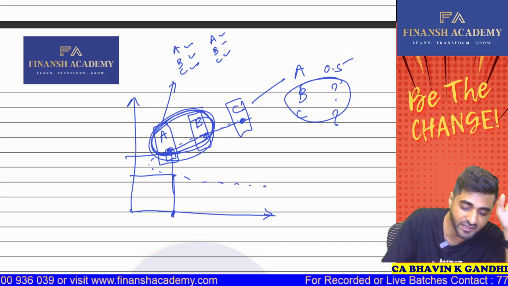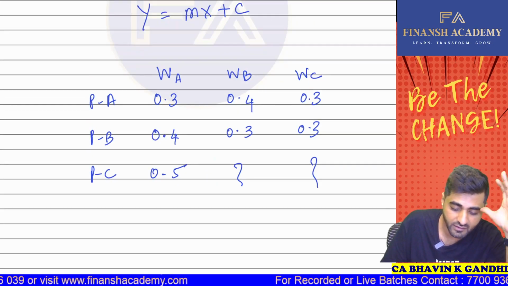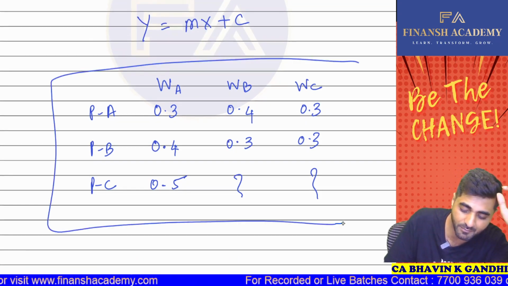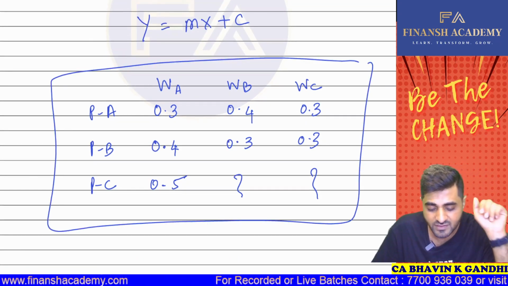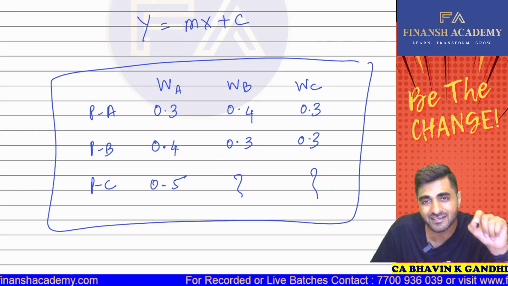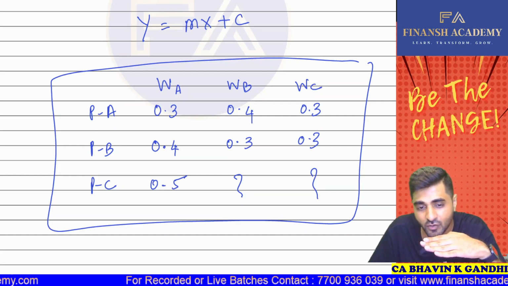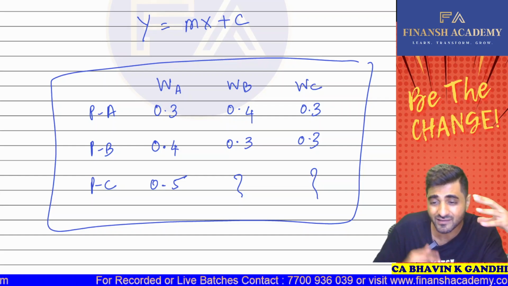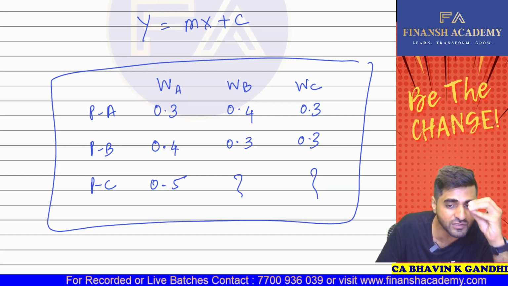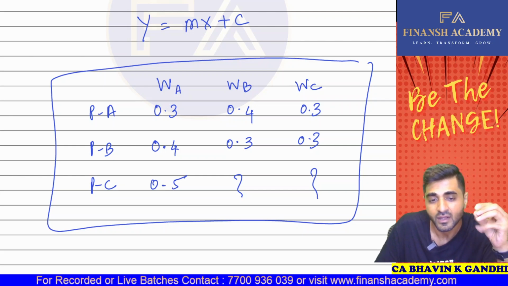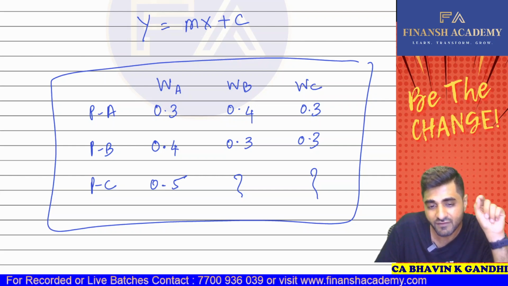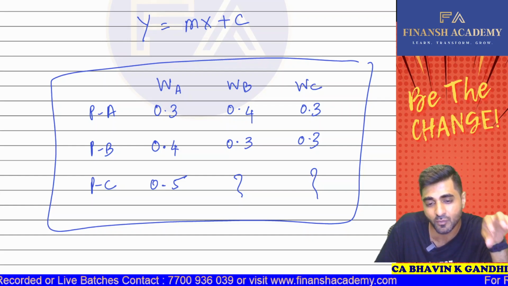So if you check here, I've just created one random example. Can you see portfolio A, with weights of A, B, and C being 0.3, 0.4, 0.3. Portfolio B has three securities with 0.4, 0.3, and 0.3. And then, my dear students, we have portfolio C in which the weight of A is 0.5.